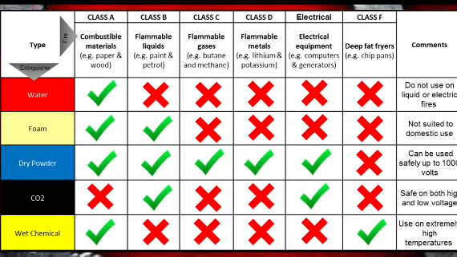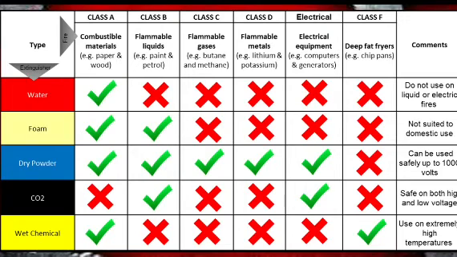Next is Class A. What can put out paper, wood, or Class A fires are the water extinguisher, foam extinguisher, dry powder, and wet chemical. So these are what can be used for each kind of class of fire. So you read it.